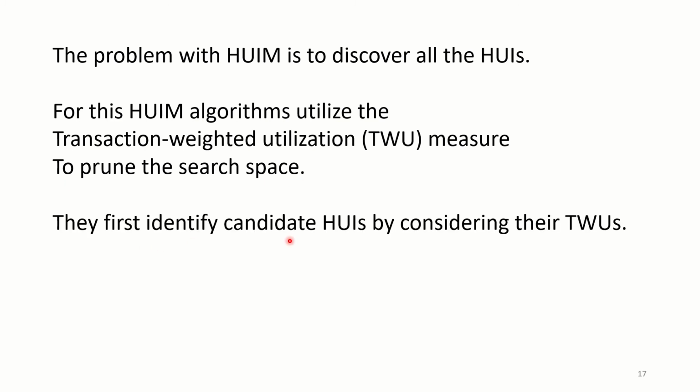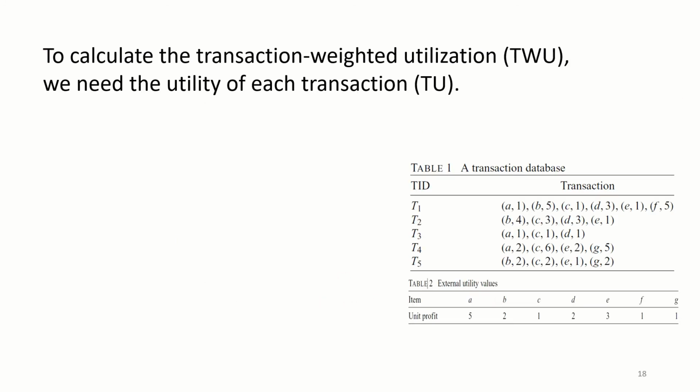They first identify candidate high utility item sets by considering their TWUs. Then they prune the low utility item sets. To calculate the transaction weighted utilization TWU, we need the utility of each transaction, which is defined as TU.